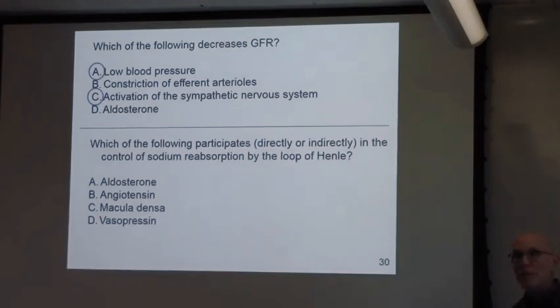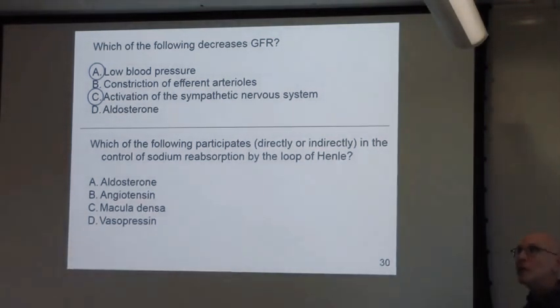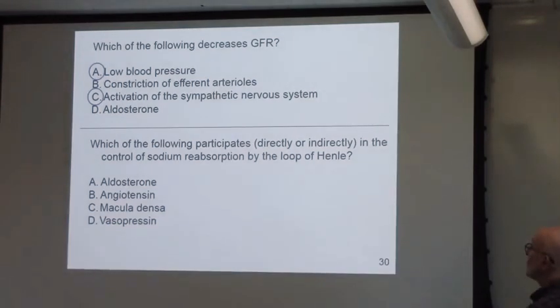Sympathetic nervous system decreases filtration by constricting the afferent arteriole. If we were to constrict only the efferent arteriole, that would actually increase GFR, and aldosterone does not have an effect on GFR.